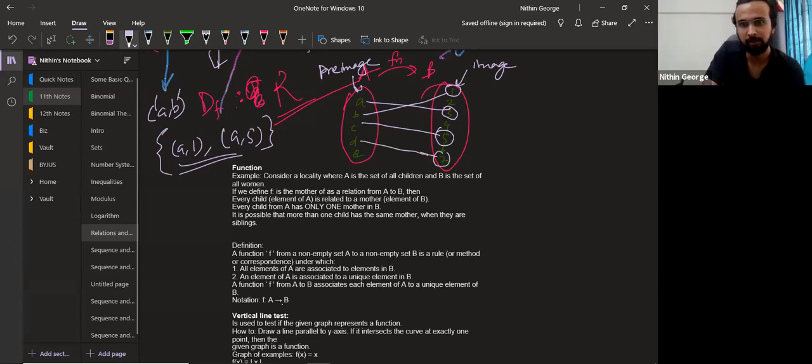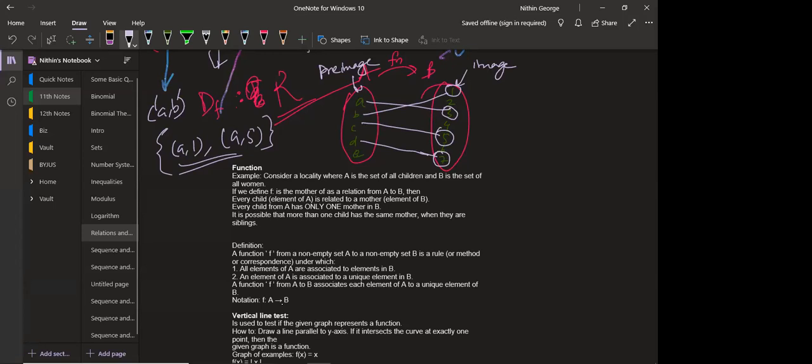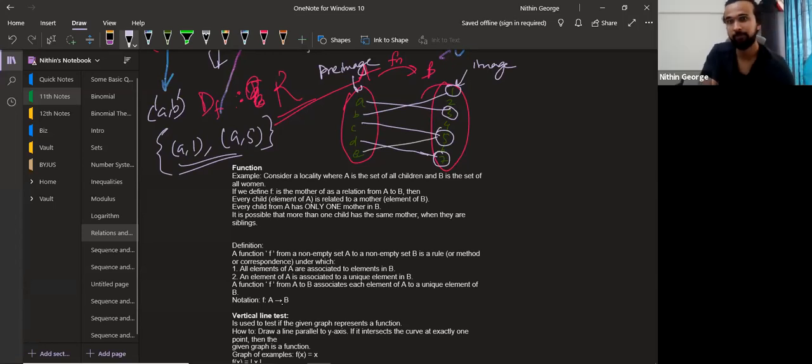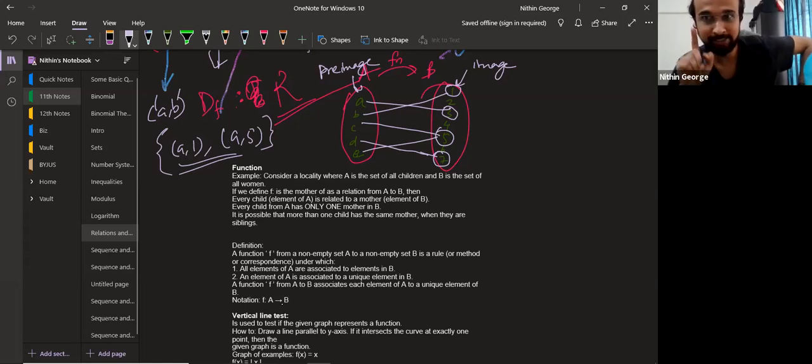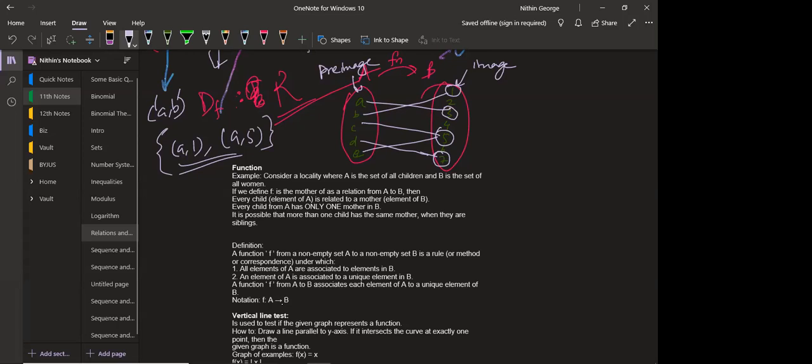Is this a function? Yes, sir. Okay. Now, B is pointing to 5. Is this a function? Yes, sir. Are you sure? Yes, sir. Okay. Guys, only this answer was correct. Rest everything was wrong. Why?